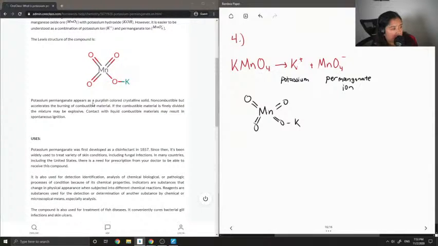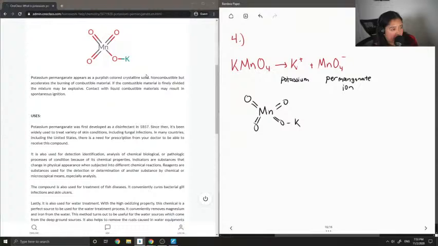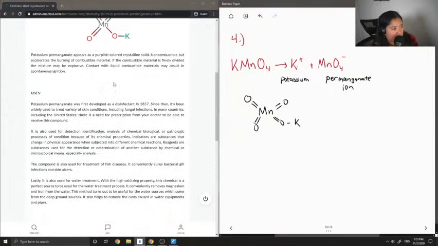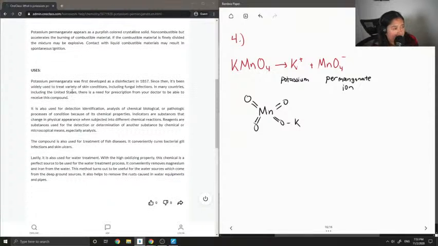It appears as a purplish colored crystalline solid, non-combustible, but accelerates the burning of combustible material. If the combustible material is finely divided, the mixture may be explosive, so you have to be careful with this. Contact with liquid combustible materials may result in spontaneous ignition. So make sure you read your MSDS when working with potassium permanganate.